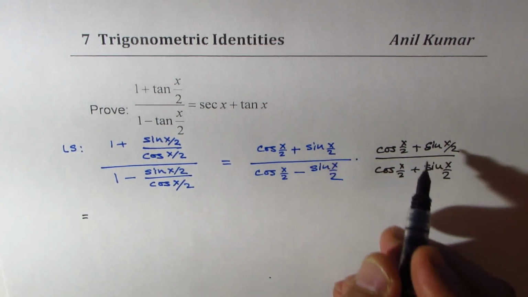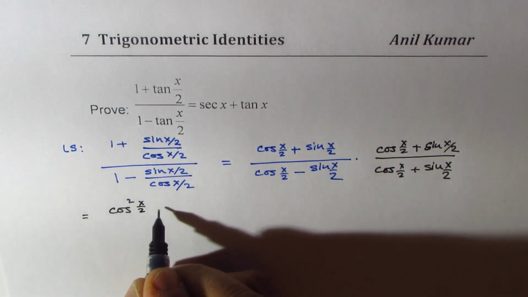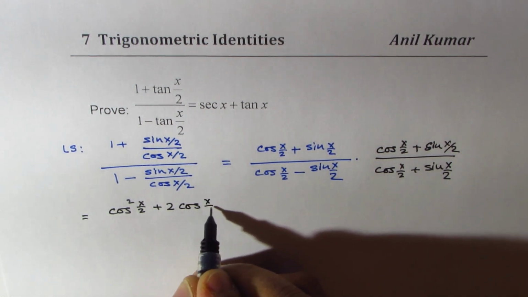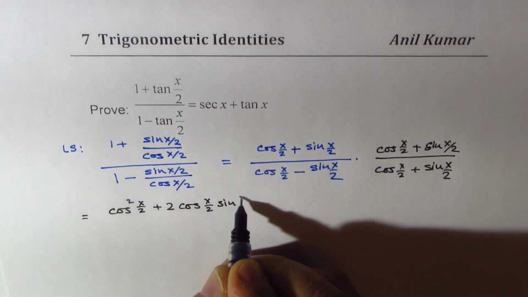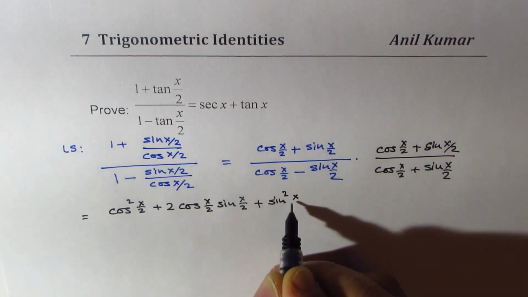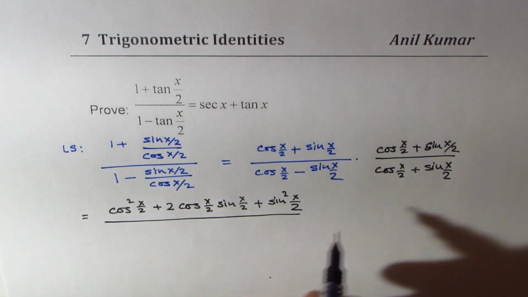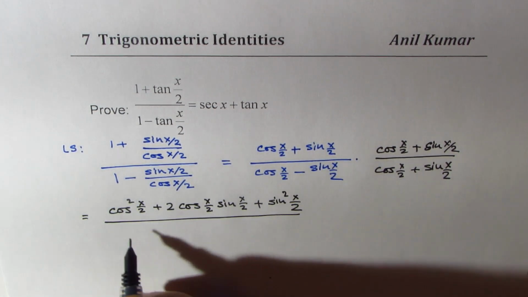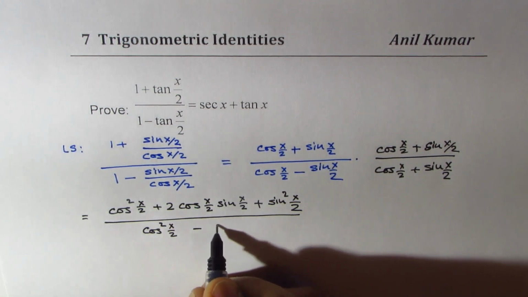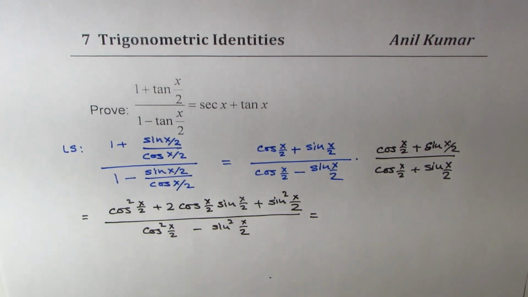So we'll expand the numerator, which is cos square x by 2 plus 2 cos x by 2 sin x by 2 plus sine square x by 2. And in the denominator, what you get is a difference of squares, which is cos square x by 2 minus sine square x by 2. Perfect.